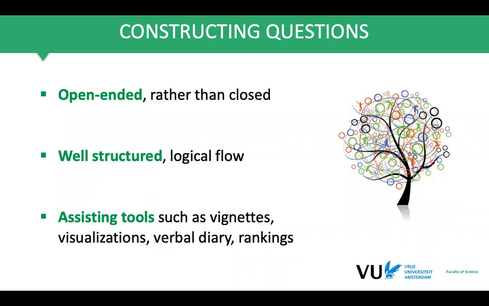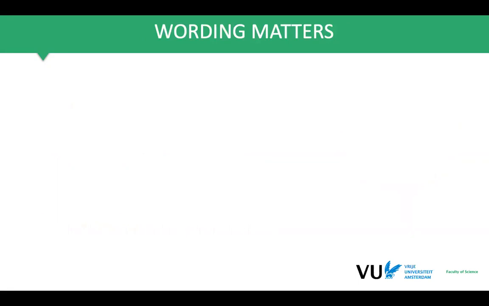What you want to avoid is asking your main research question immediately. So make a clear difference between analytical and interview questions. You want to avoid also leading questions or questions that imply certain judgments. Wording matters. This is very important, of course.